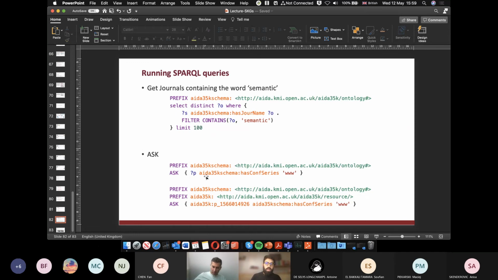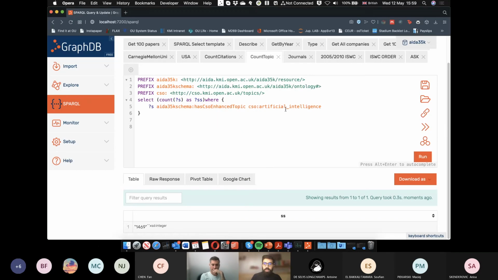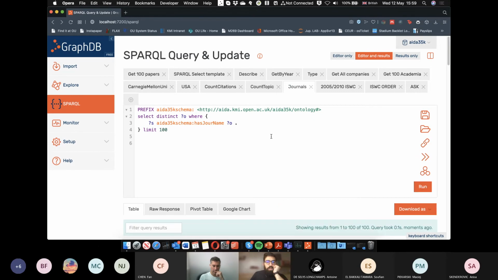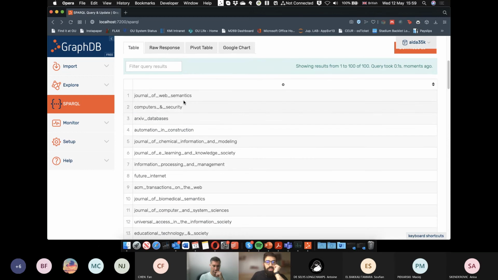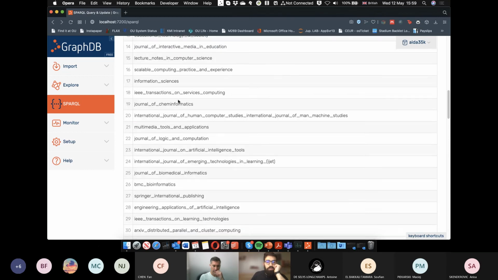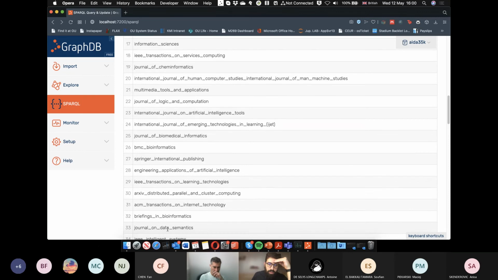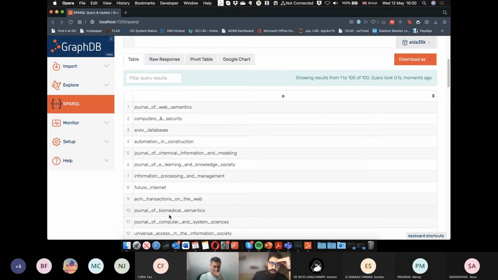So I'm going to run this for the sake of an example. Journals. Okay, I'm going to remove this and run this. So you can see the whole list of journals: Journal of Biomedical Informatics, PMC Bioinformatics, Springer International Publishing, ACM Transactions on Internet Technology, Journal on Data Semantics. You can see a lot of them.